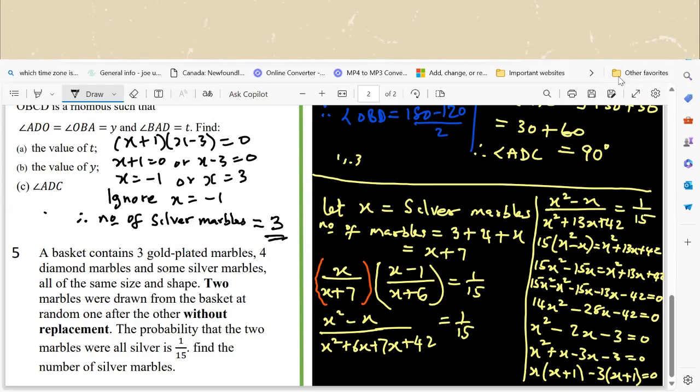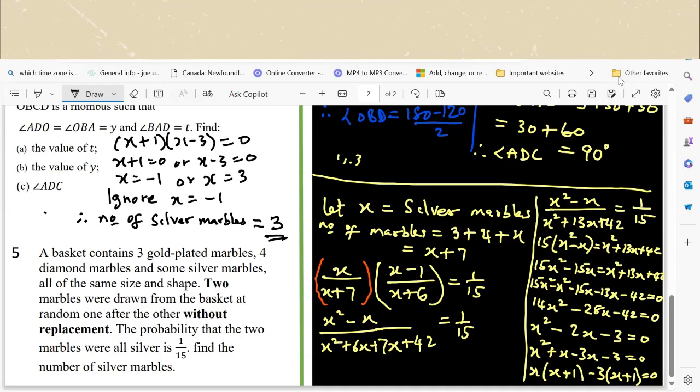I mean, building up the probability, considering the fact that the probability is without replacement. And then we're able to build up two algebraic fractions and equate it to 1/15, sort out, get our quadratic equation, and then apply factorization method, and we're able to get -1 and 3.